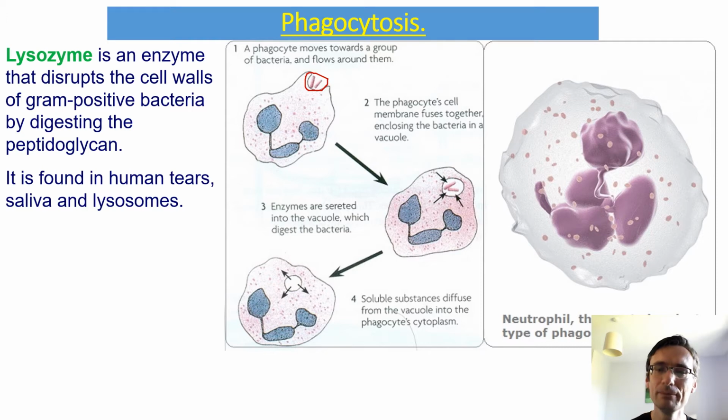This is called a phagocytic vacuole. Then the lysosomes, which contain the enzyme lysozyme, a hydrolytic enzyme which will break down the peptidoglycan cell wall of the bacteria, fuse with that vacuole, and it breaks down and digests the bacteria.